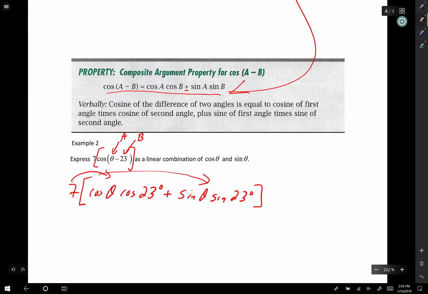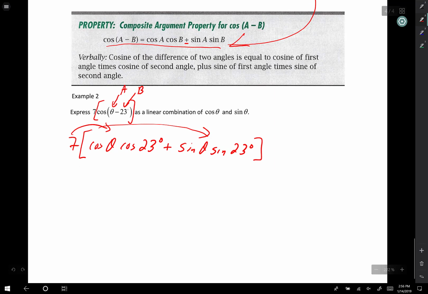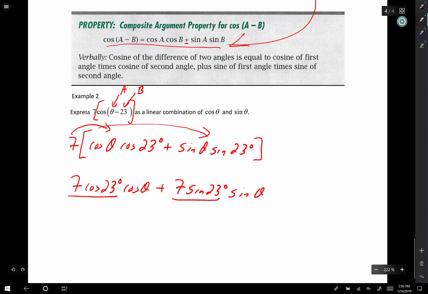I just used the formula, guys. I'm not doing anything crazy. Distribute the 7, so now I have 7 cosine 23 degrees, cosine theta, plus 7 sine 23, sine theta. The reason I moved the cosine 23 and the sine 23 is because this is a number and that's a number. I type in my calculator what that is. I'm going to go 7 cosine 23 and push enter.